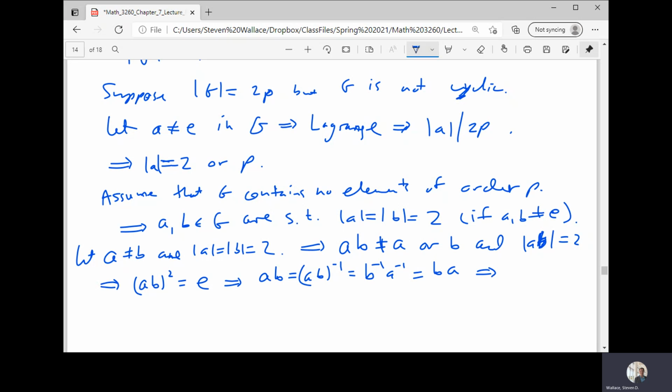So this is saying that A and B commute with one another. Okay, and we had a homework problem that stated that this means that this is a subgroup of order 4.